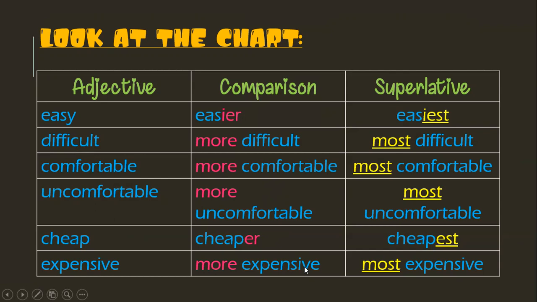But in this case, we are going to use the superlative, and the superlative changes. So for example, the adjective is easy. When I am going to express this, I am going to use easiest. It is when we compare one thing with the rest.